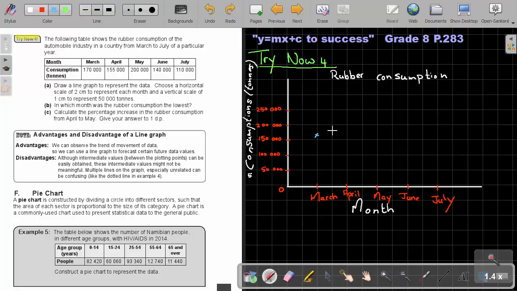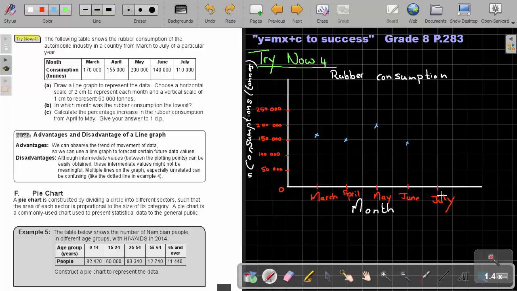Then the next one is a little bit higher than 150, just half a block higher. In May, it's a nice 200, so we can have a nice one there. And then 140, so it's one block lower than 150 on graph paper.